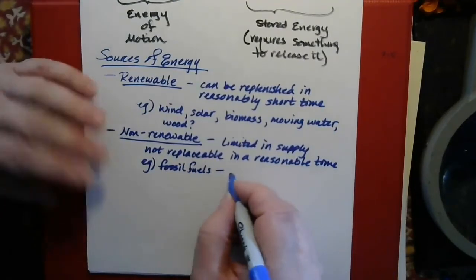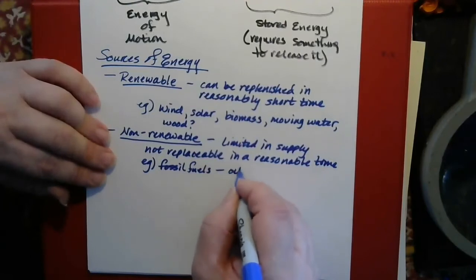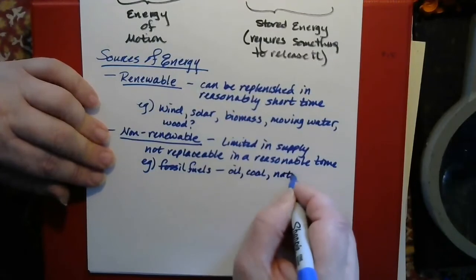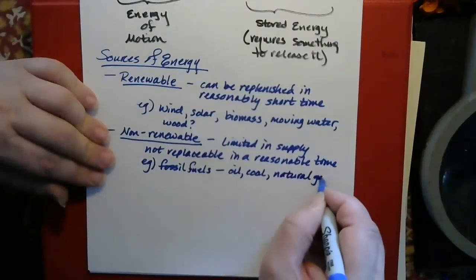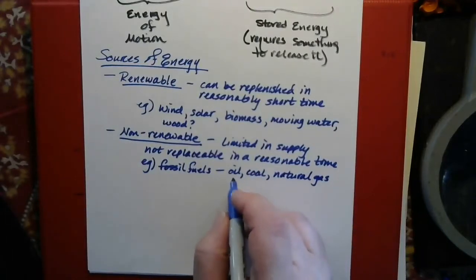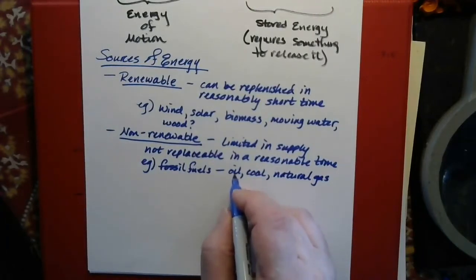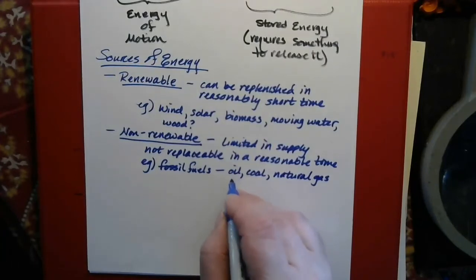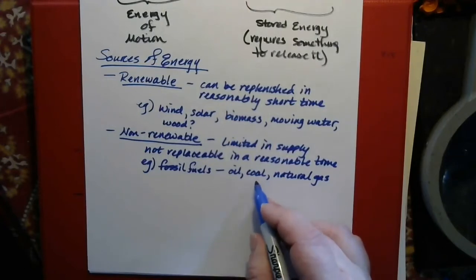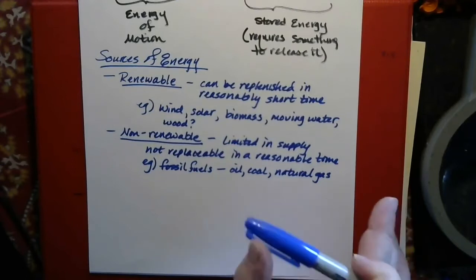And fossil fuels would include things like oil, coal, and natural gas, and fuels derived from any of these three. So oil gives us gasoline and diesel fuel, so they would qualify as non-renewable. And coal is related to things like peat. If you're burning peat in your fire, that's basically the same thing as burning coal. That's non-renewable.